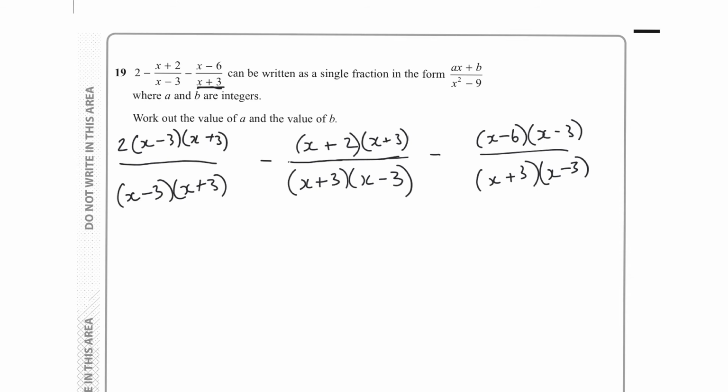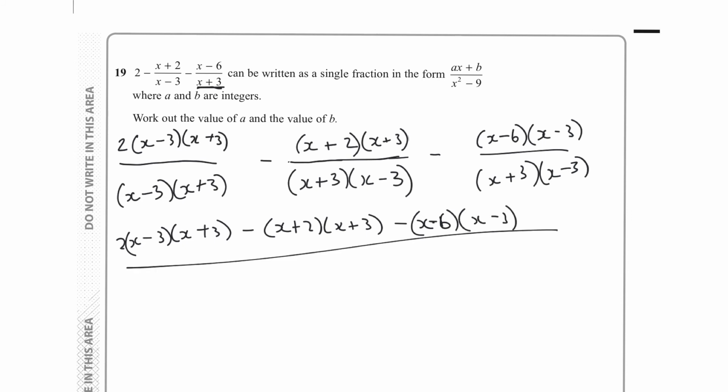Now, because they all have the same denominators, we can squish them all together. So that would be 2 bracket x plus 3, minus x plus 2, x plus 3, minus x minus 6, x minus 3, all over x plus 3, x minus 3. Next, we need to simplify and expand the brackets.